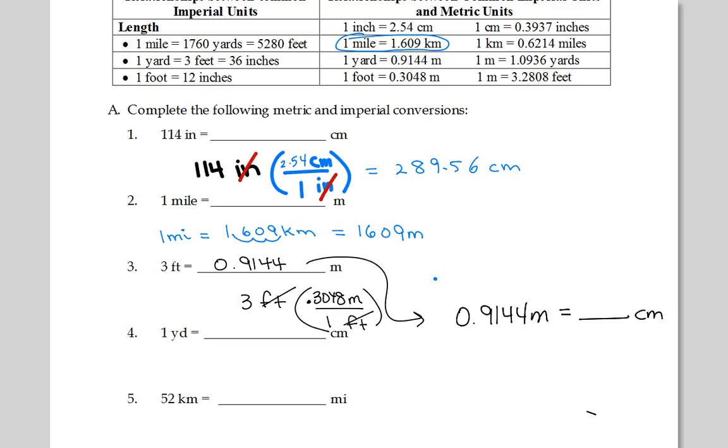Do I make the number bigger or do I make the number smaller? Make the number bigger because the unit got smaller. So move the decimal twice, and you get 91.44. Okay, number 5, you guys are going to try on your own.